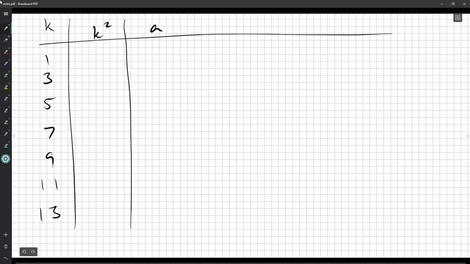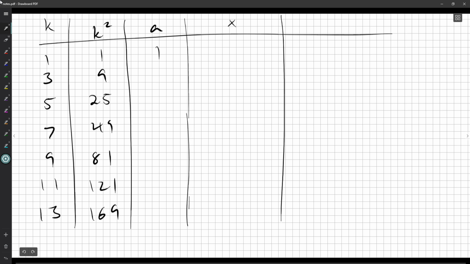So square k, and you'll get k squared. Add 1 and divide by 2, and you'll get a. So for example, if k is 1, a is 1. Then we can actually work out x and y. A minus k, 0, and a plus k, 2. So this one doesn't work out, because x is 0.